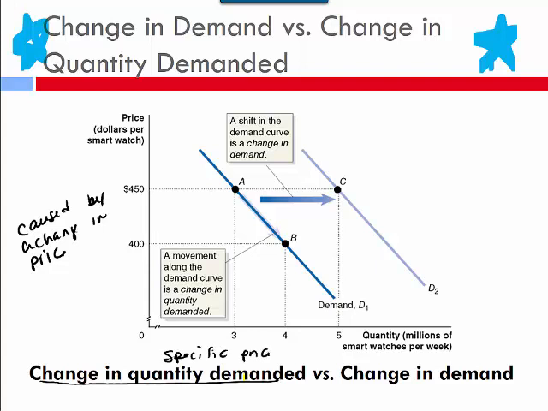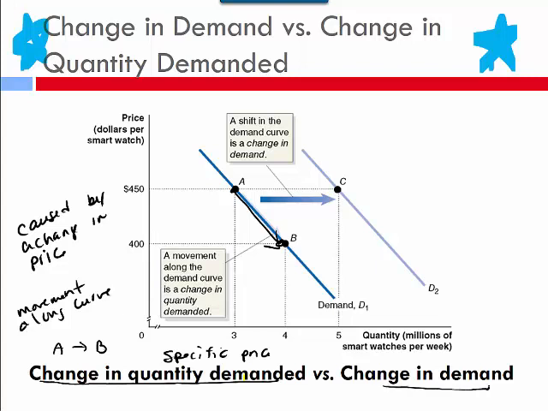So if the price changes, the quantity demanded changes. That is a move from A to B, a different point on the same curve. So that is a movement along the curve. You move from one point on the curve to another. That's the A to B right here.